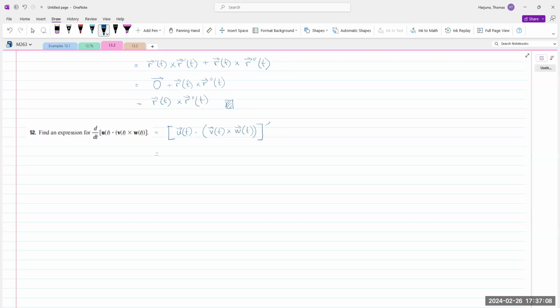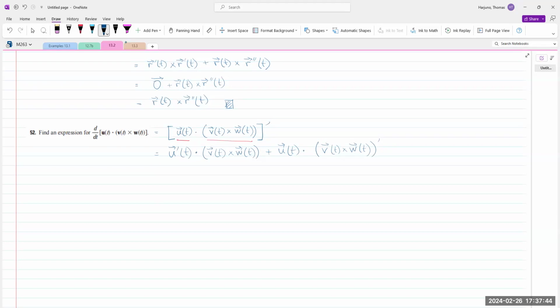Now, if we see this as the dot product of this guy and this guy, then I apply the product rule: u'(t) dot (phi(t) cross w(t)) plus u(t) dot (phi(t) cross w(t))'.